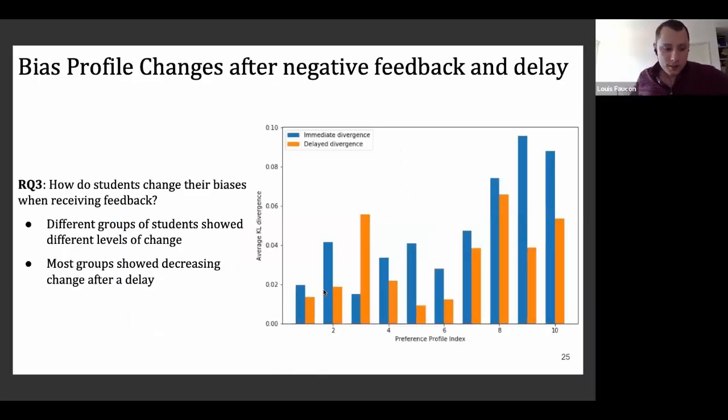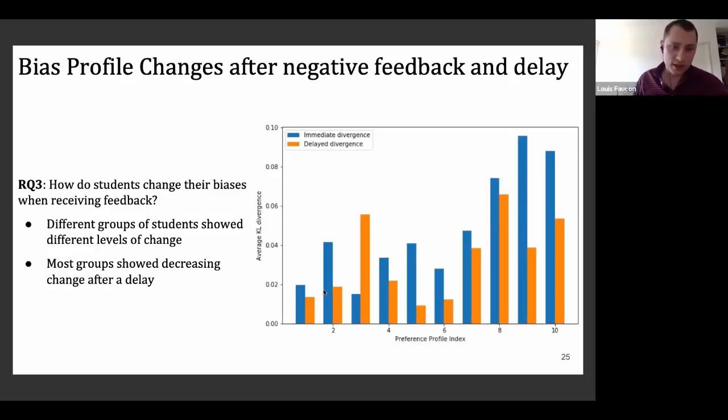And finally, I said before that by analyzing the hidden states, we can get a better understanding of the students compared to simply analyzing raw data. And this was useful to answer our third research question, which is how do the students change their biases when receiving feedback?